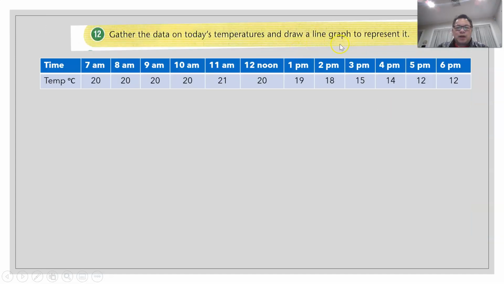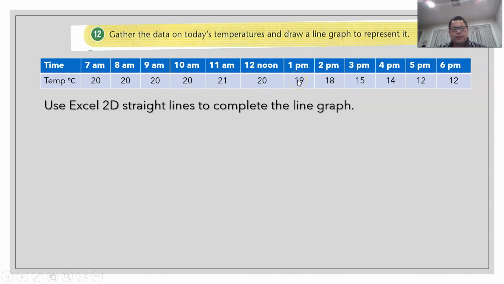Okay, there's also another part here whereby you need to gather today's temperature. Instead of all of you looking at different platforms to get the temperature, I've collated the temperature for a day and put it together here. I want you to use Excel, under Excel 2D straight line.